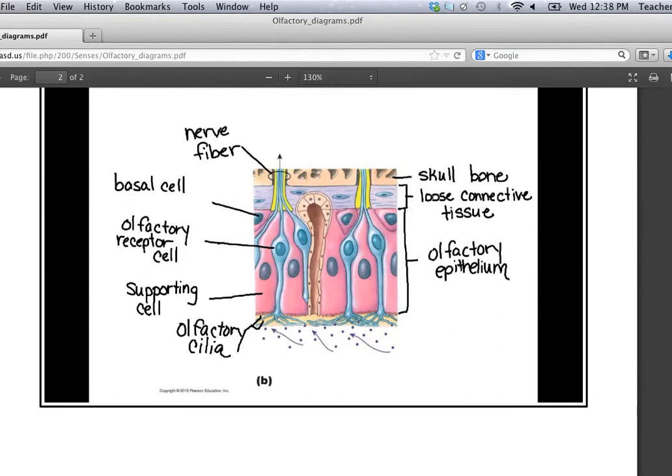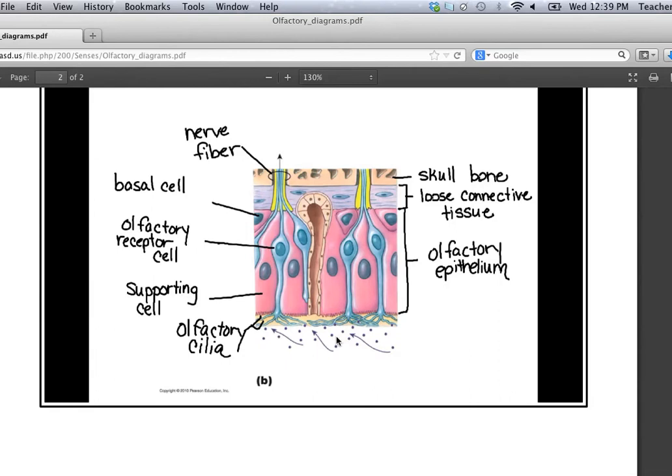So we've first looked at the gross anatomy of the area. Now we're looking at the microscopic anatomy. So here we're taking a look at the place between the skull bone at the top, down to the loose nerve endings there.